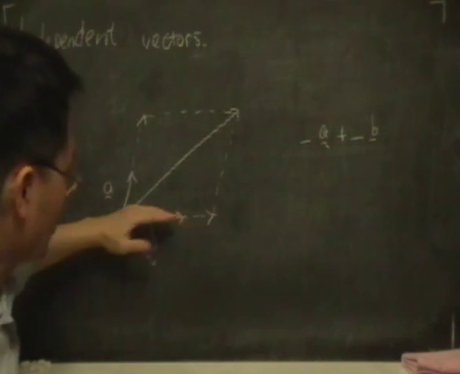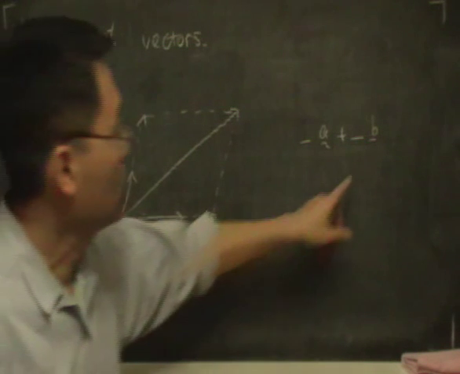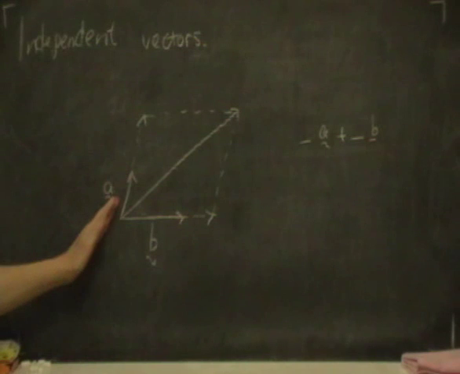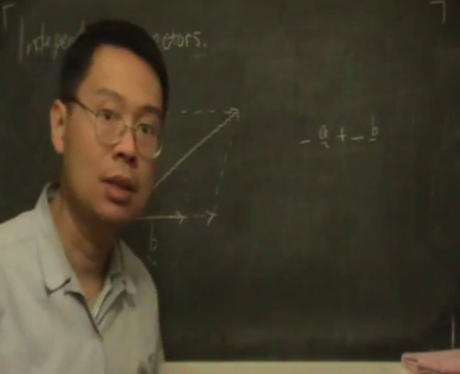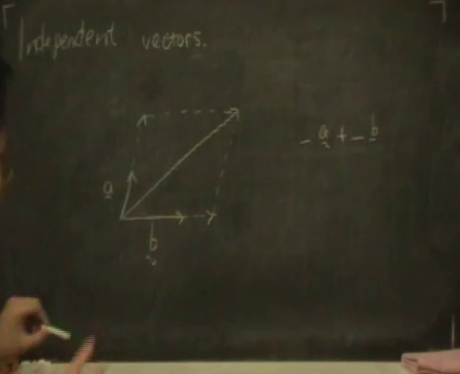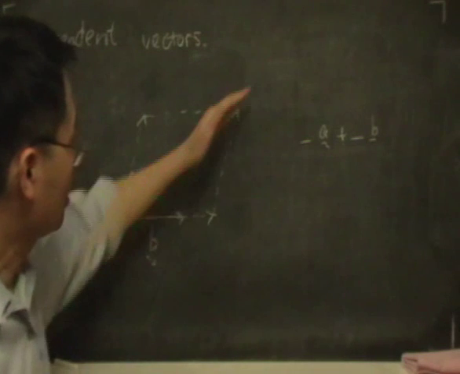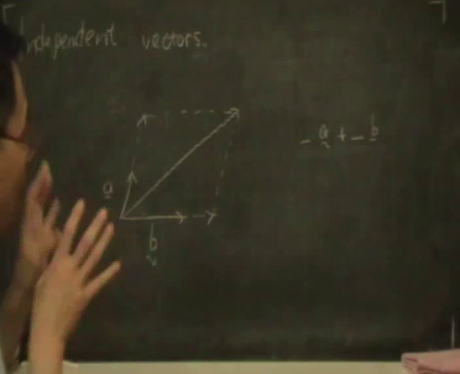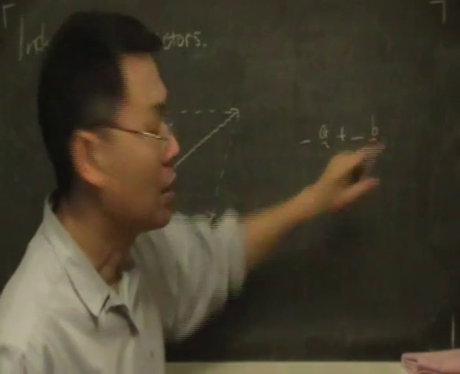And this vector we know is in the same direction as B, so therefore it will be some number times B. And that vector is in the direction of A, so it can be written as some number times A. So in that sense, if I just pick any vector I like, it can be that one or one in a different direction and a different length, I can always express it in terms of A and B.